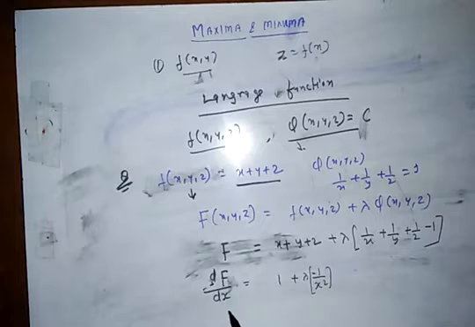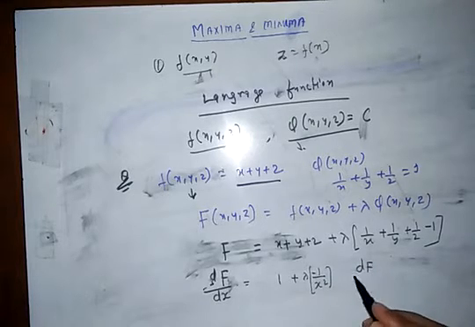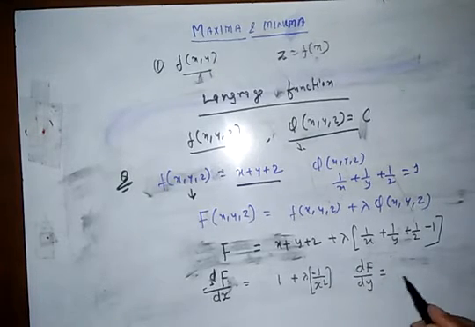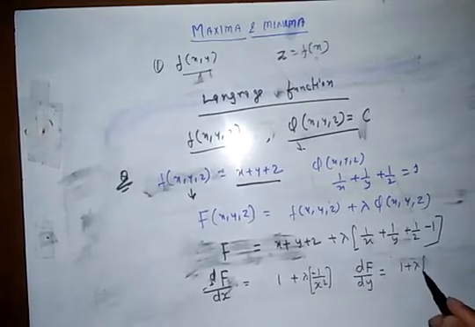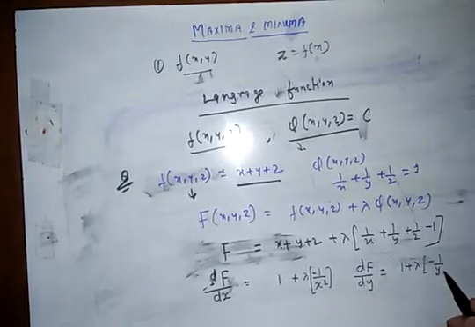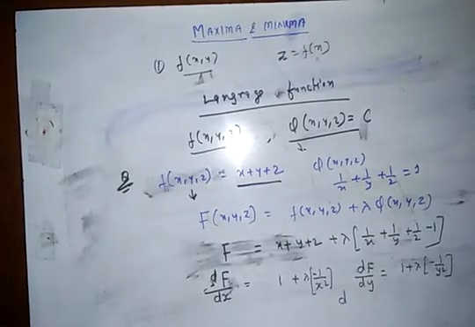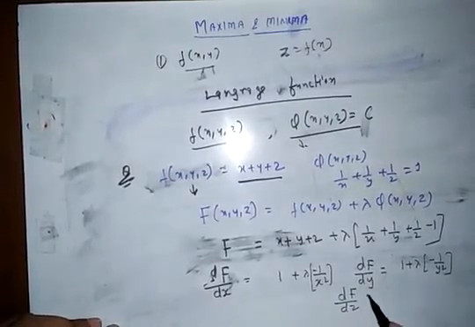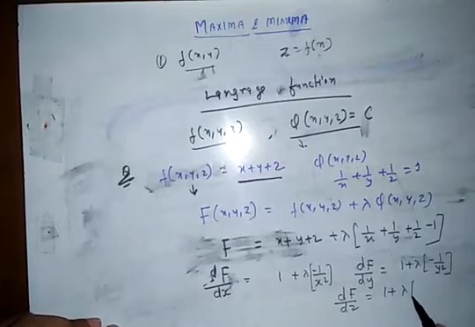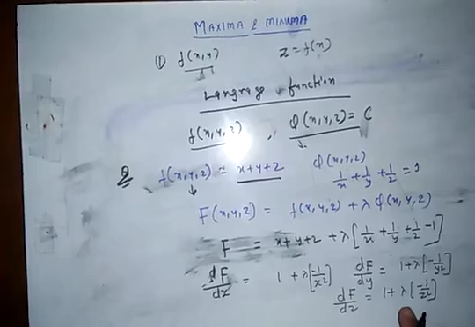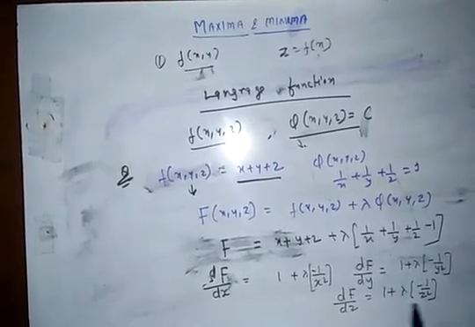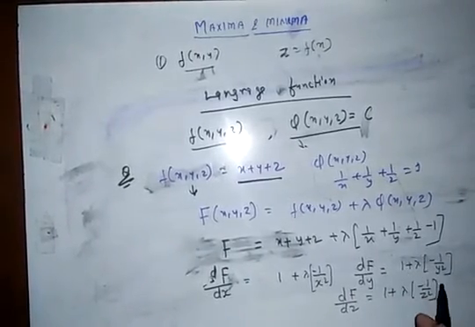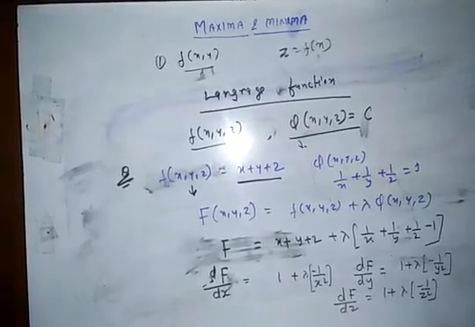Again we differentiate df by dy, you will get 1 plus lambda times of minus 1 by y square, and again differentiate df by dz, you will get 1 plus lambda times of minus 1 by z square. After differentiating, you have to equate with 0 so that you can find the stationary value.